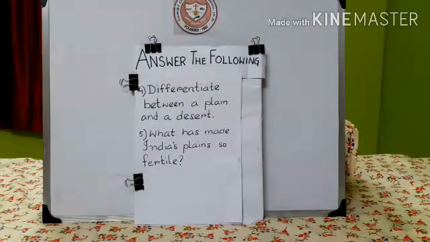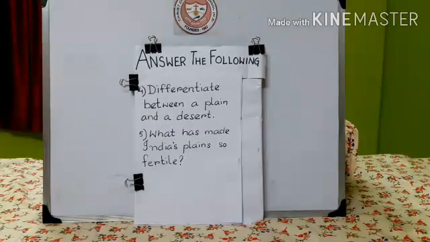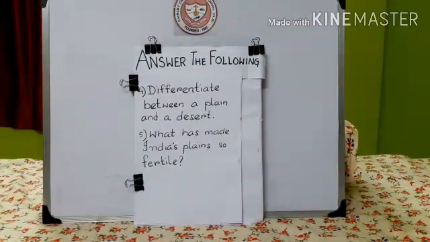You can write for plains, a plain is a fairly wide stretch of level land and it is good for farming. The plains of northern India are rich and fertile as they receive heavy rainfall throughout the year. Okay.